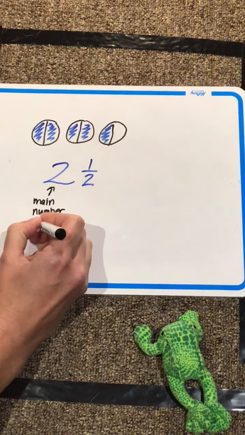Okay, so if that is our mixed fraction, we still need to be able to turn a mixed fraction into a decimal. We know that in our decimals, the numbers to the left of the decimal place are whole numbers, and the numbers to the right of the decimal place are less than 1.